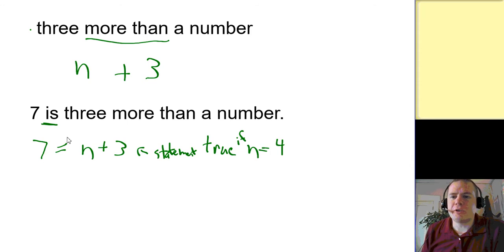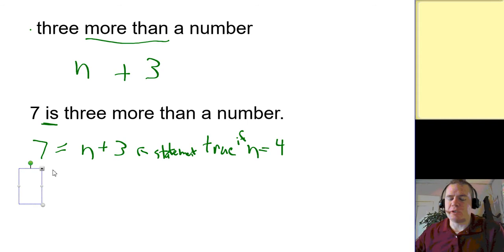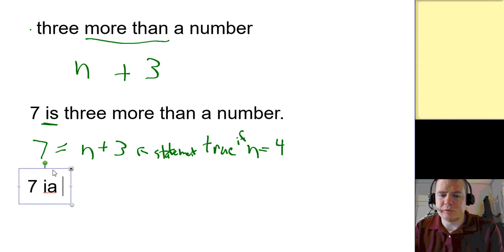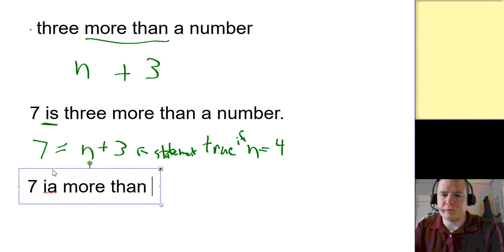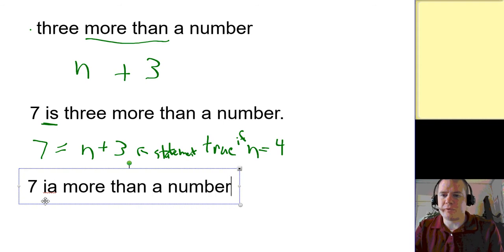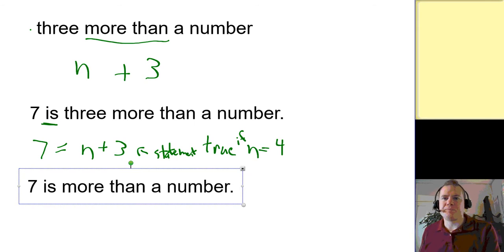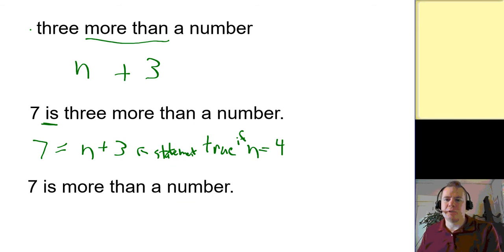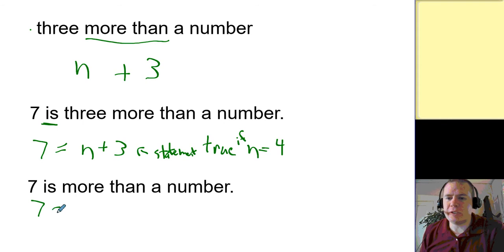I have another very similar looking statement here. I fix my typos. What's missing from this version? There's no 3. I'm just saying 7 is more than a number.